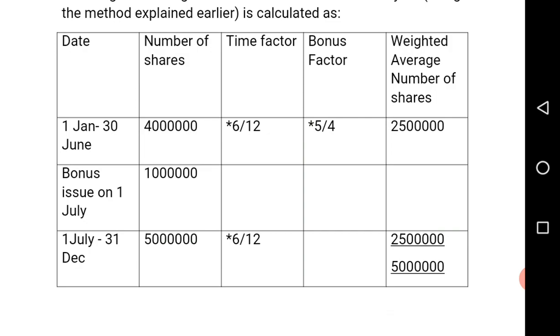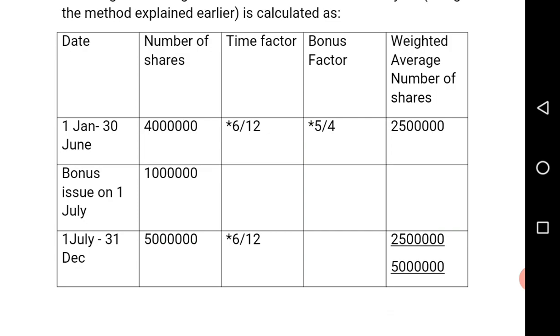For the remainder of the months, since we had only one issue, July to December, that's 6 months. We find half of 5 million, that is also 2.5 million, and you get the total of 5 million.